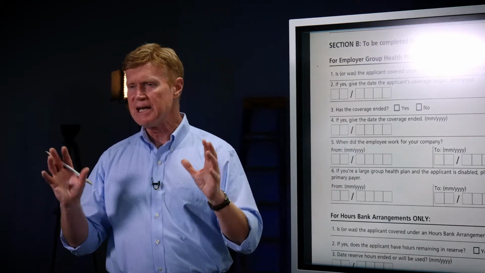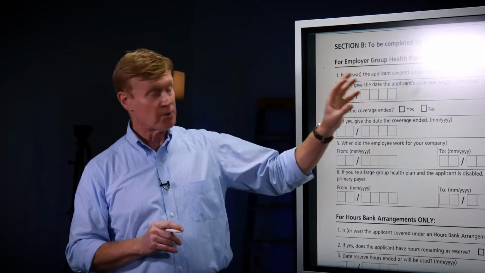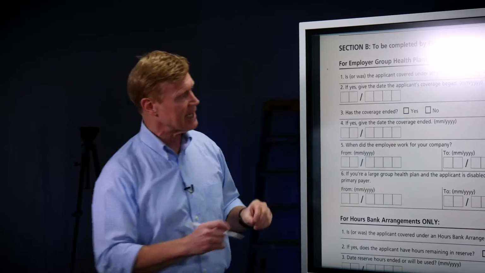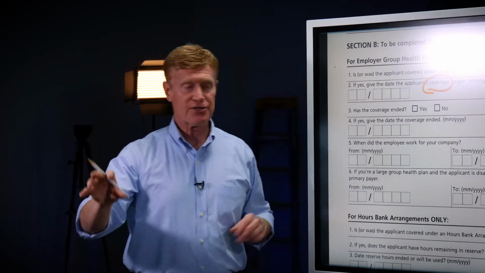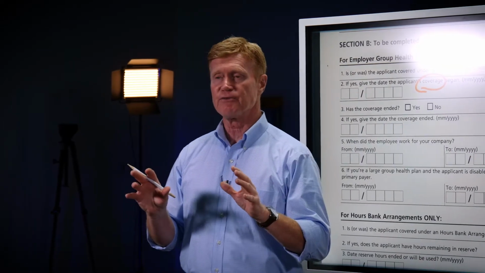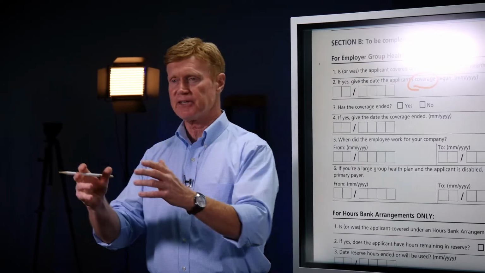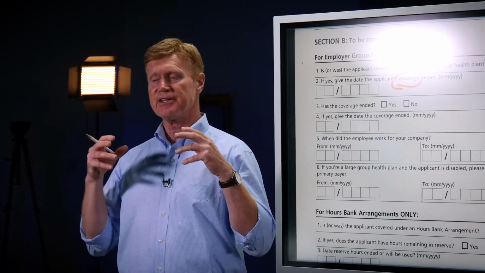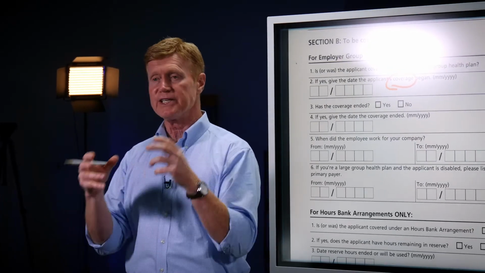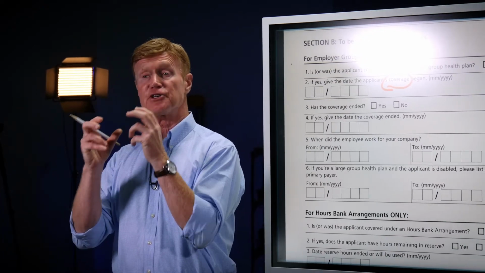And this is a place where many HR departments that have no experience with this form will make a mistake. It says the applicant's coverage. And some people in HR look at that and they think that we're looking for who is the insurance company, say it was Blue Cross or United Healthcare or Aetna or somebody. And they think that's the date we're looking for. When did that insurance carrier's coverage begin?